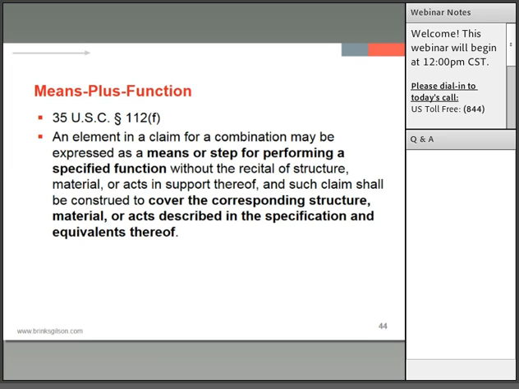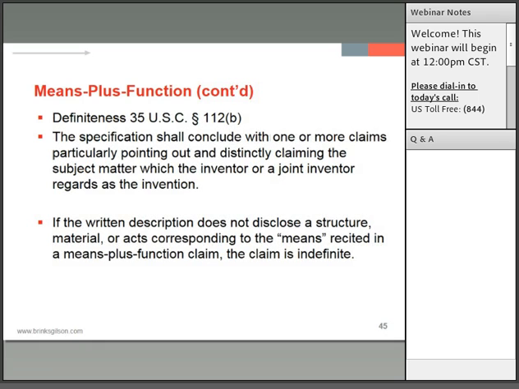And the problem is that Section 112(b), which deals with definiteness, requires that the claims distinctly claim the subject matter which the inventor or a joint inventor regards as the invention. Now, if you only have the word means for performing, then it's not clear what the claim covers, and the claim would be indefinite.